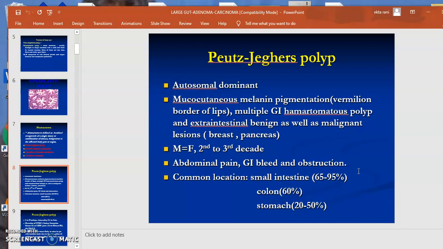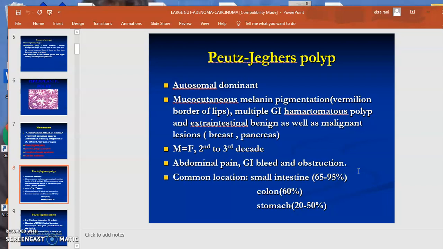So basically, the syndrome includes hamartomatous polyps of GIT, mucocutaneous melanin pigments, and benign and malignant lesions of breast and pancreas.